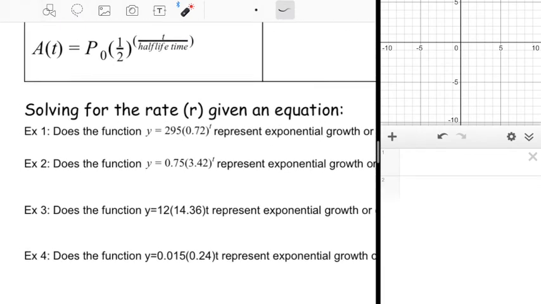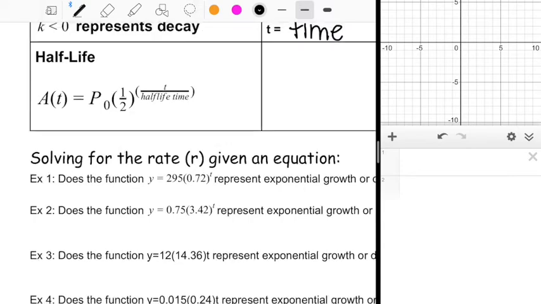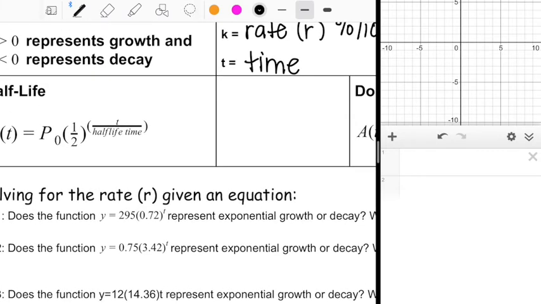Now, before we go any further, the first thing we're going to talk about is how to convert to your percentages. If I give you a function and ask you, is it growth or decay and by what rate? You have already been telling me growth or decay by looking at my base here. My base is 0.72. If I convert that into a percentage by multiplying by 100, that's 72%.